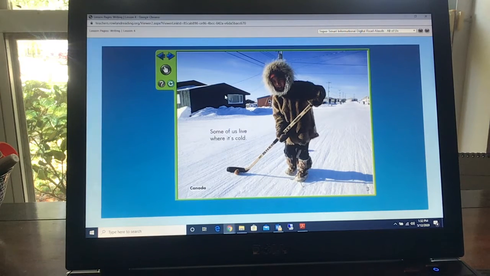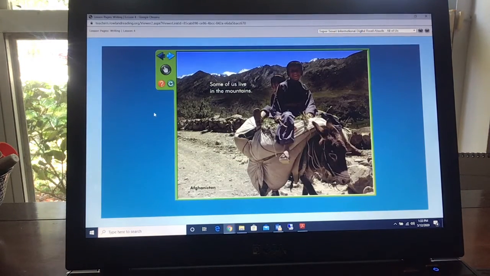Some of us live where it's cold. And he's in Canada. And Canada is part of our continent, North America. Some of us live in the, let's look at this word right here. It starts with an M, and we see all of these in the background. What do you think that word might be?